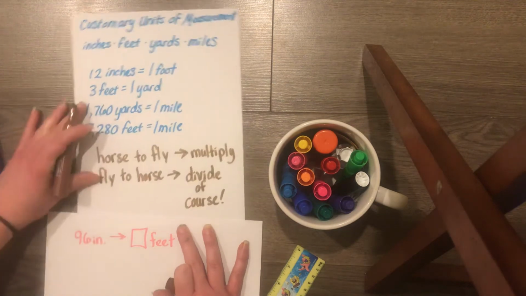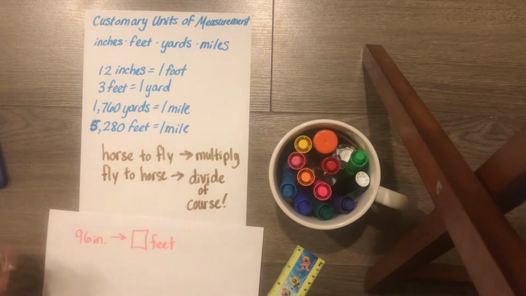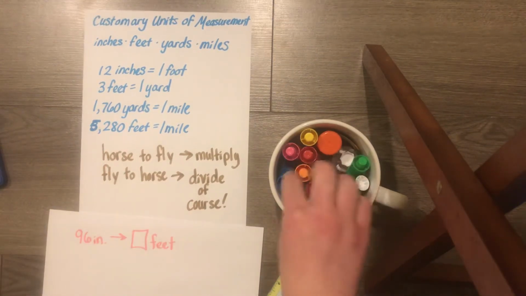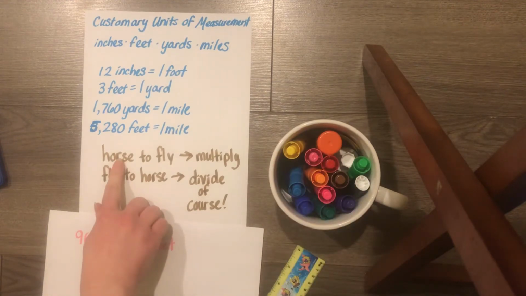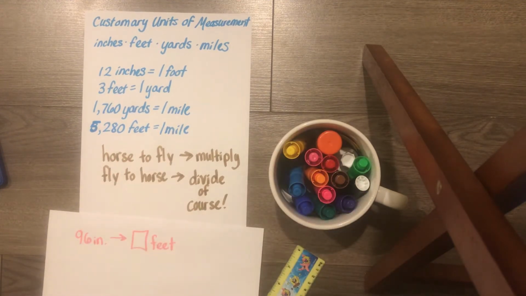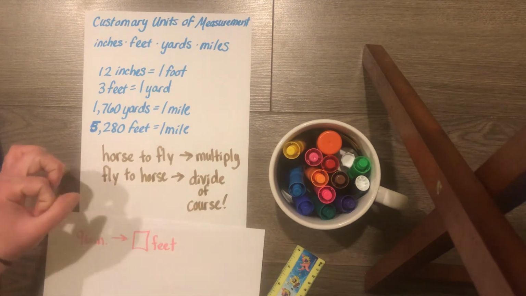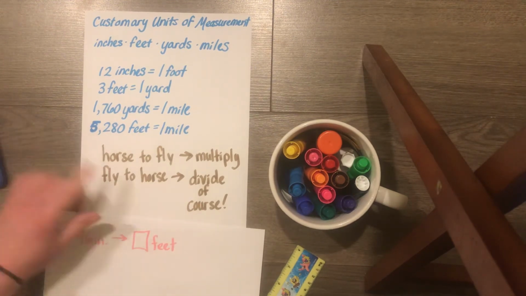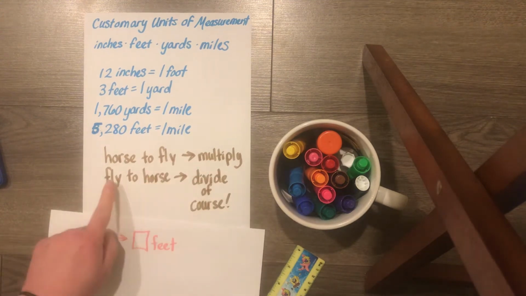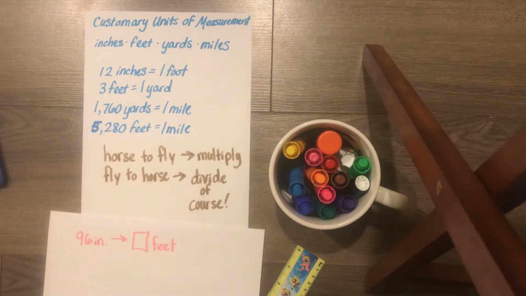Crazy, right? So when I'm doing horse to fly, I'm actually going large to small. When I do fly to horse, think about the size of a fly. I'm going from small to big. So horse to fly, multiply. Fly to horse, divide, of course.